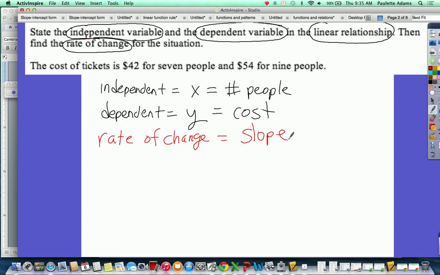Again, they don't give us a graph, so how are we going to find our slope? Okay. The formula, what is the formula? Any questions about the formula?